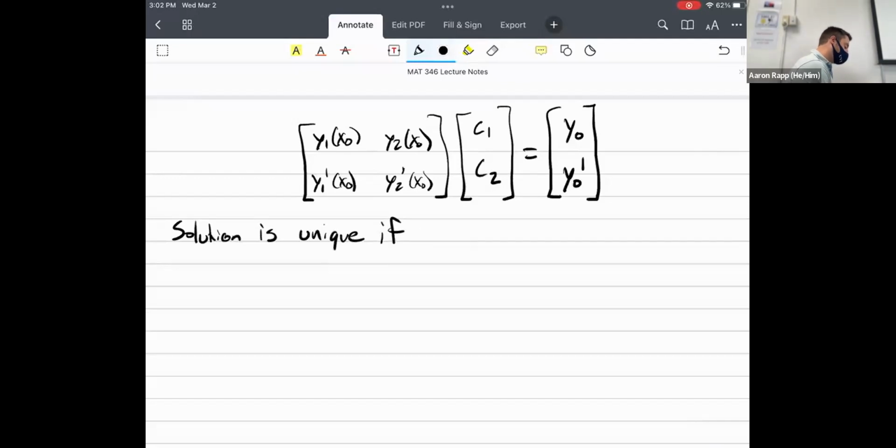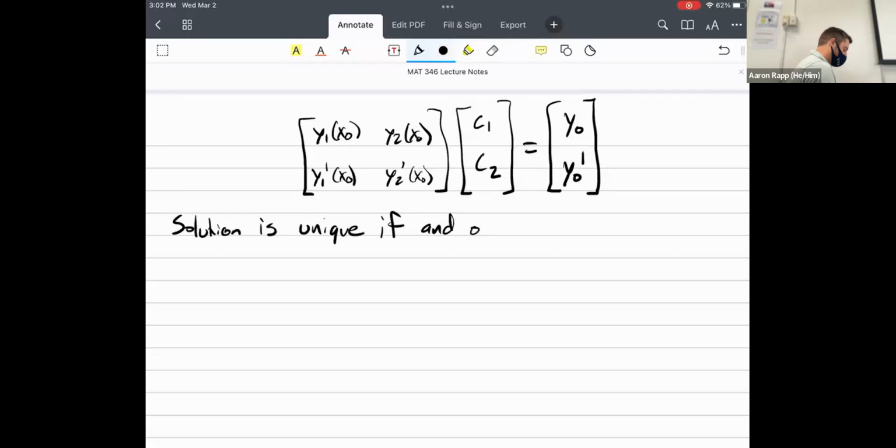So then we get to say that the general solution, when we fit it to that initial value, the initial conditions, is going to be possible if and only if the determinant is not equal to 0.